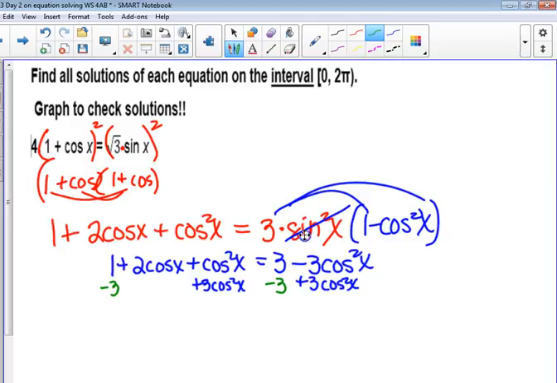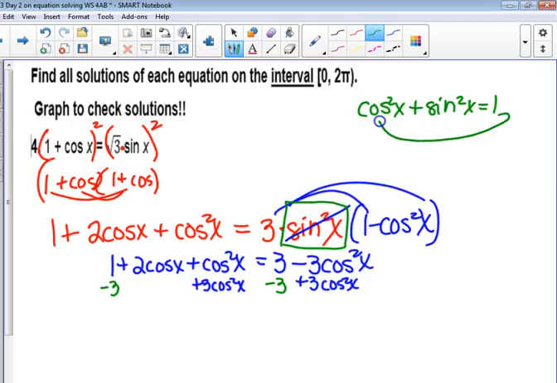That is a trade for sine squared on our unit blue sheet. It says cosine squared plus sine squared is 1. So if we want to trade it for sine squared, we can write sine squared equals 1 minus cosine squared. So we did this, replacing this.